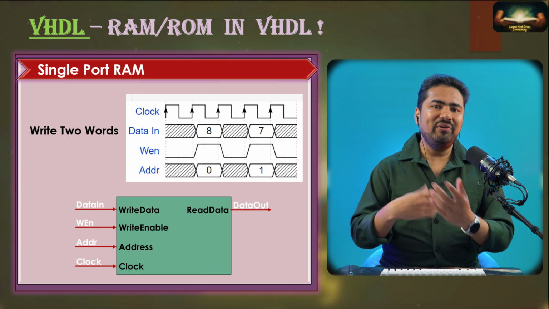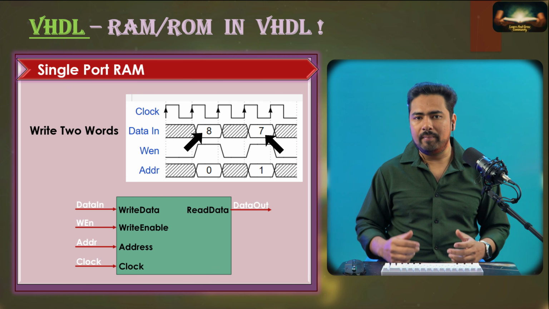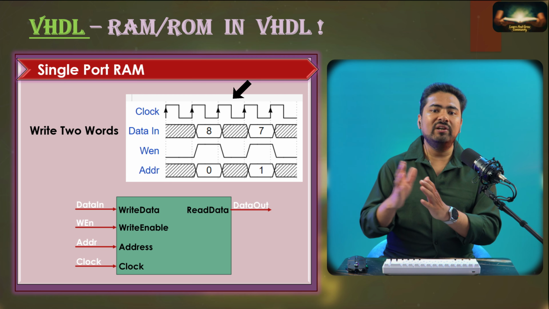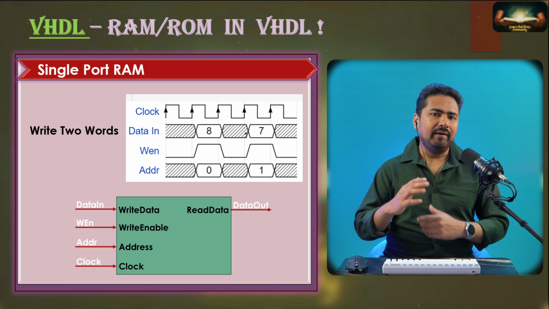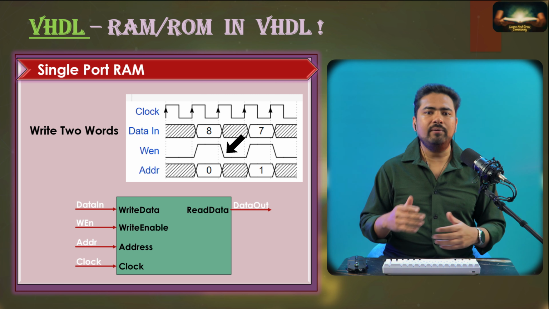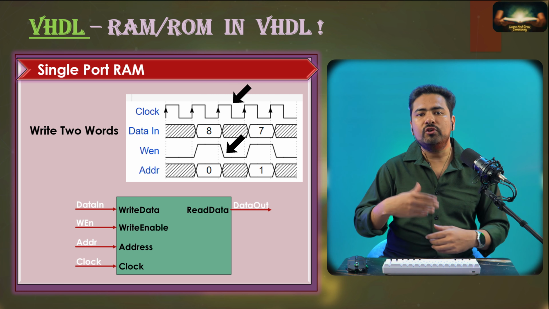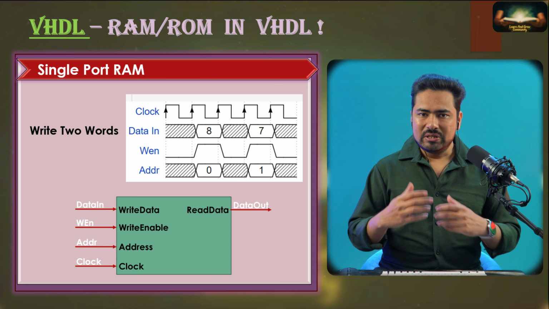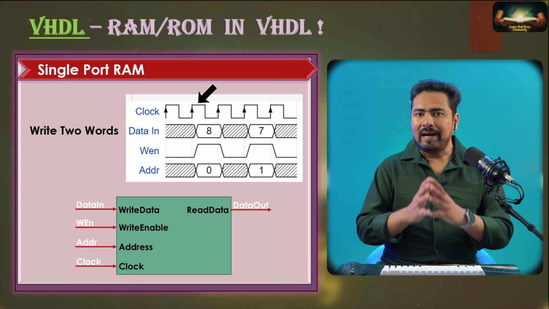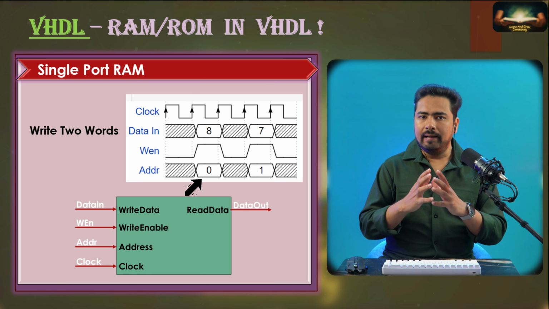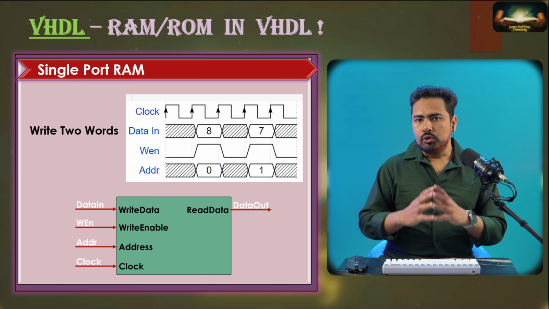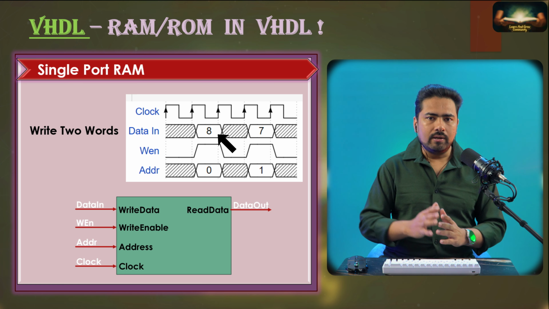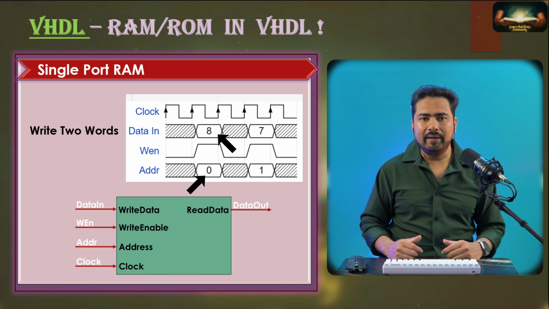In this example, we are writing two datasets into the memory, but with a gap of one clock cycle. Generally, read and write operations are separated by one clock cycle for efficient data management. At the first clock cycle, the write enable pin is 1 and the address is 0. So it will write value 8 at the 0th location in your memory.